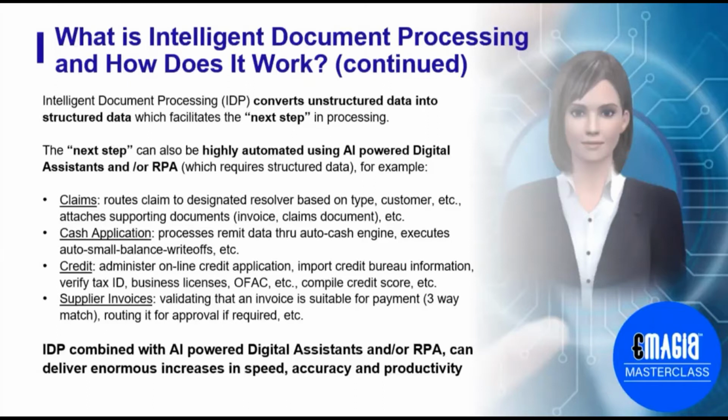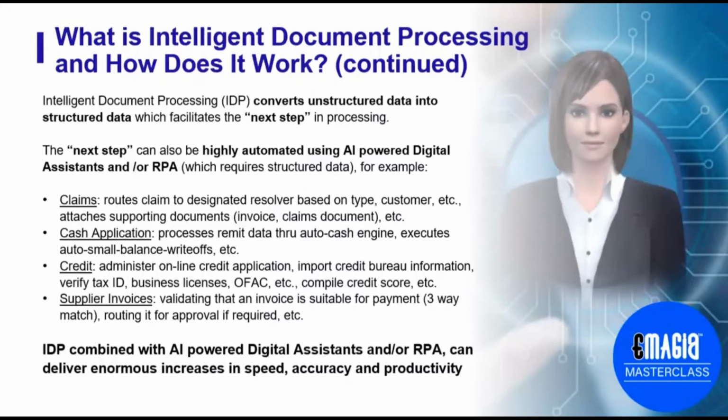Similarly, for supplier invoices, after the data has been extracted, a digital assistant can validate the invoice through the three-way match, right? Supplier invoice, your purchase order, receiving document. Or if you're working off evaluated receipts, then your PO and the receiving document.